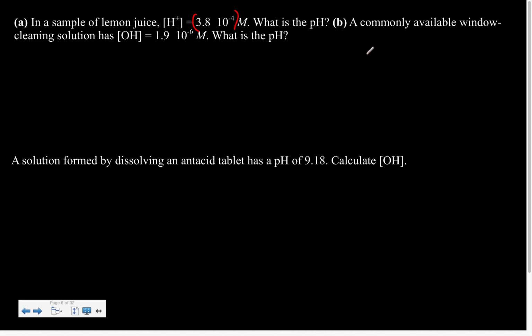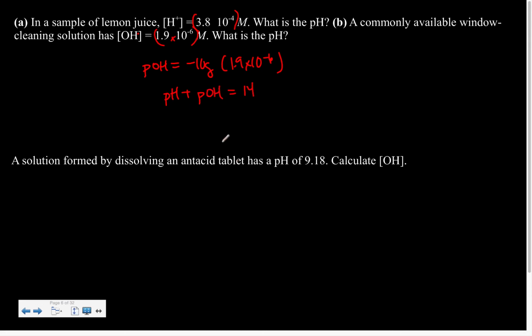Okay. Commonly available window cleaning solution has hydroxide ion concentration of this. What is the pH? So what are our options here? I could take this and calculate pOH, and then I could do pH plus pOH equals 14.